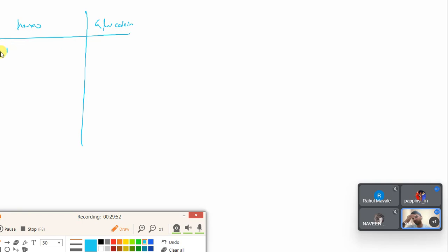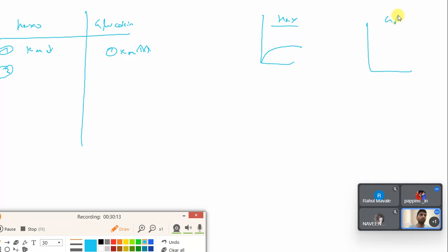So now we were discussing the distribution. First, this is the main point here. Km is low, Km is high, very high. So you saw the graph of hexokinase and glucokinase. The graph of hexokinase was like this, and glucokinase was like this.